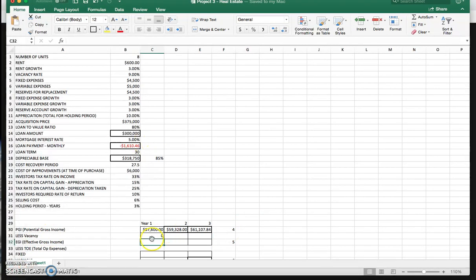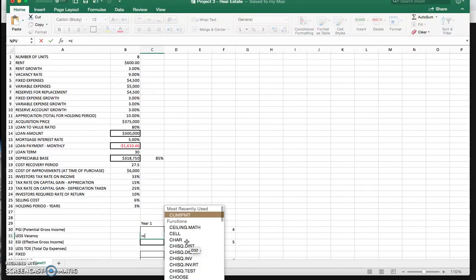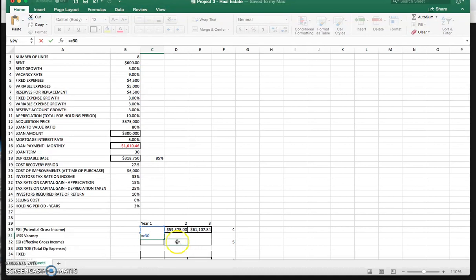So for the vacancy losses, you're going to take the PGI for the first year, which was C30, and I'm going to put a parenthesis right here. And you're going to multiply that by the vacancy rate. And if you lock this rate in, then you can drag it across to all 3.